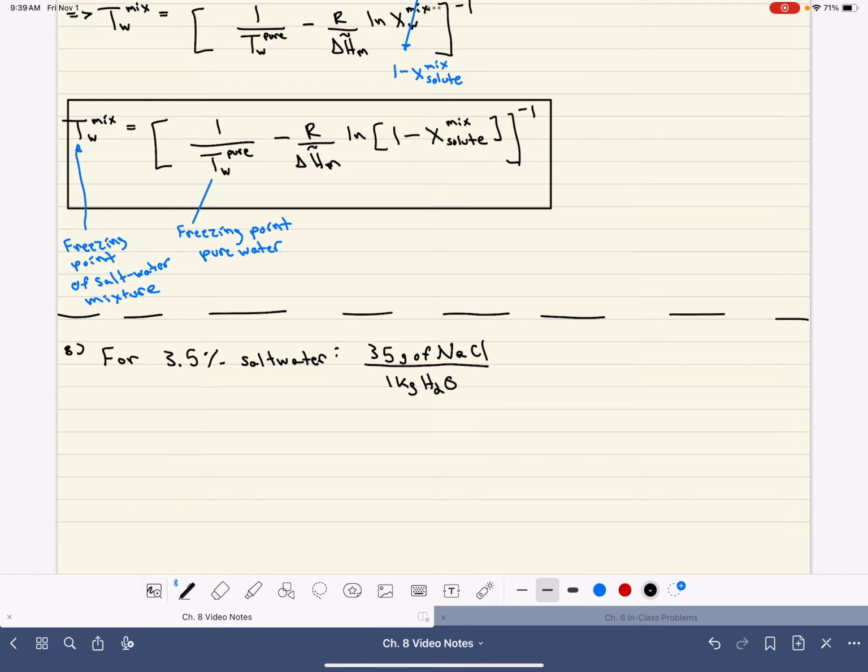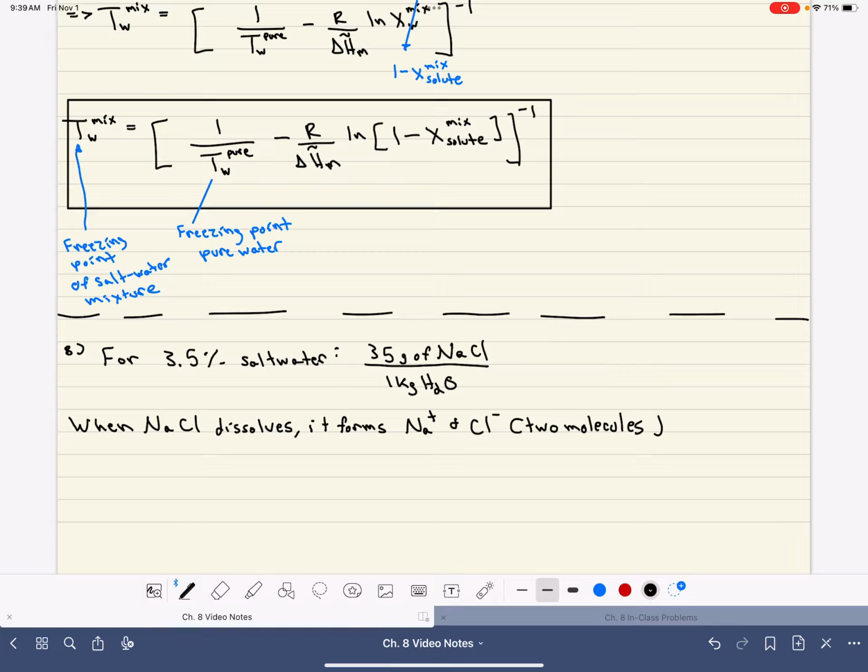There's one subtlety that we have to think about when we're dealing with salts, and that's when salts dissolve. They typically don't stay as one molecule, but instead they form two molecules, Na+ and Cl-. Okay? All right.